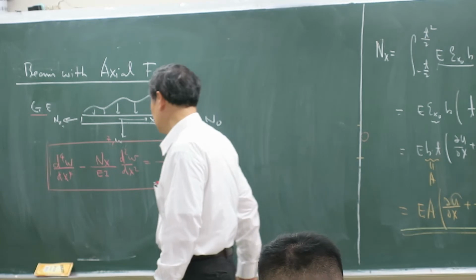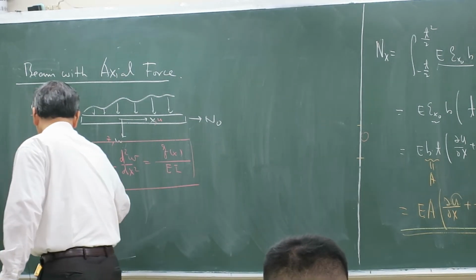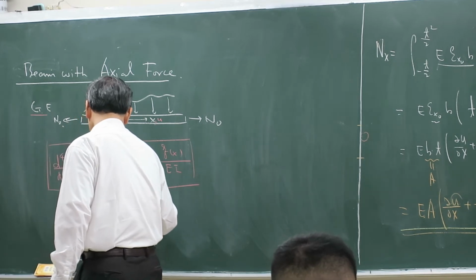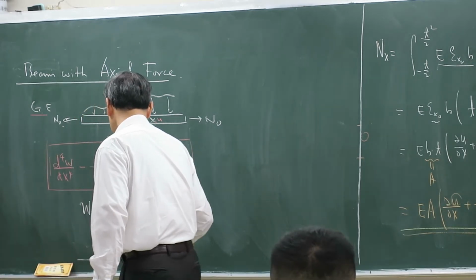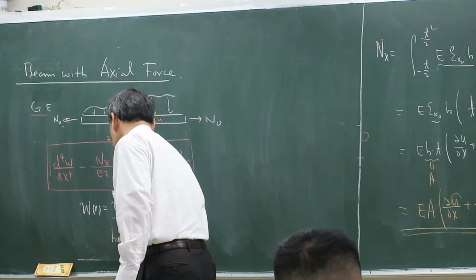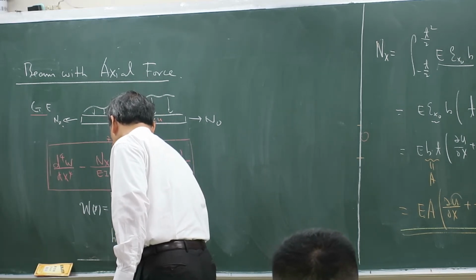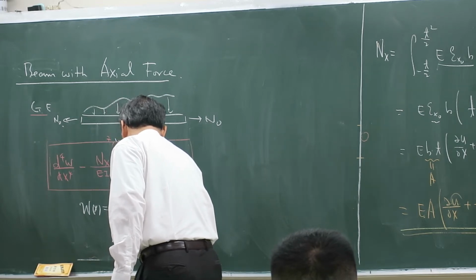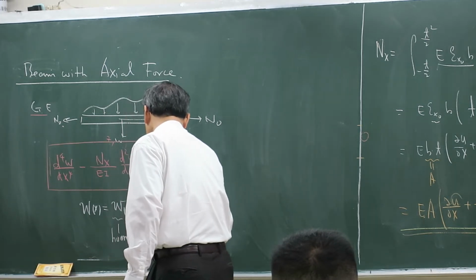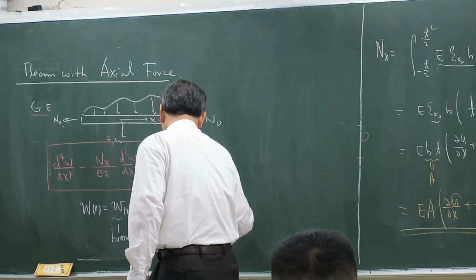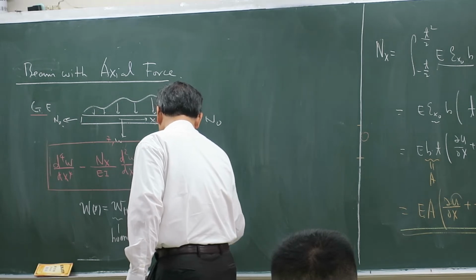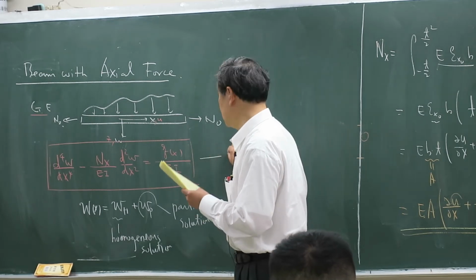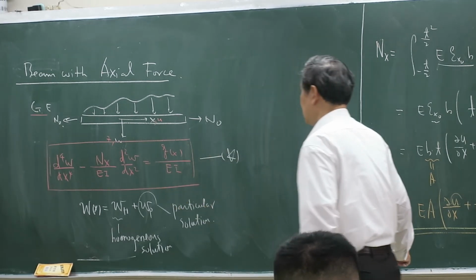So for this, W we can have a homogeneous solution plus a particular solution. So this is the homogeneous solution, and this is the particular solution. All right? So let's say this is equation star. So let's solve this.